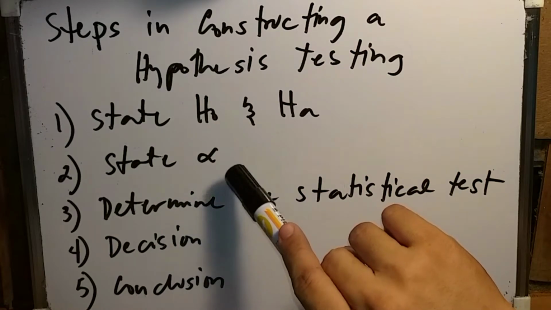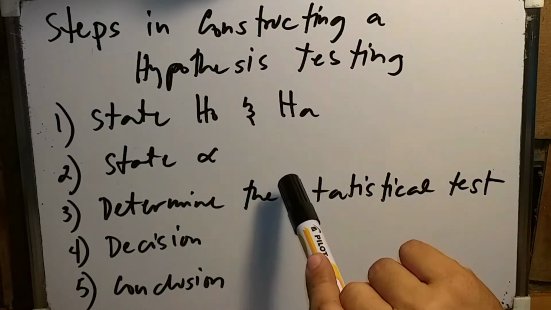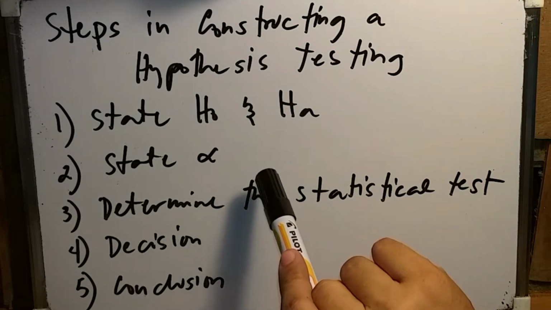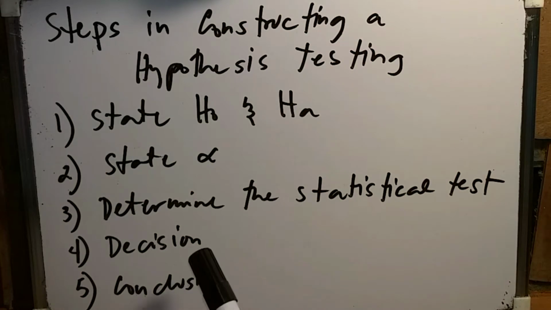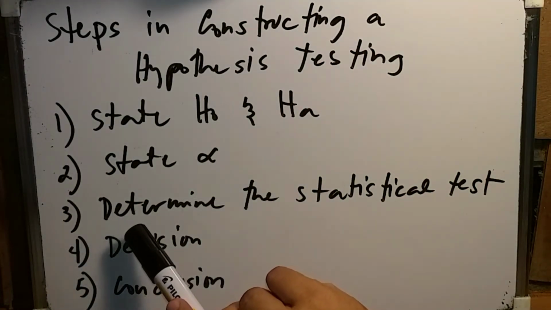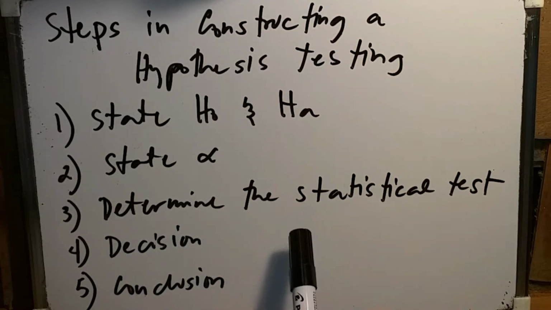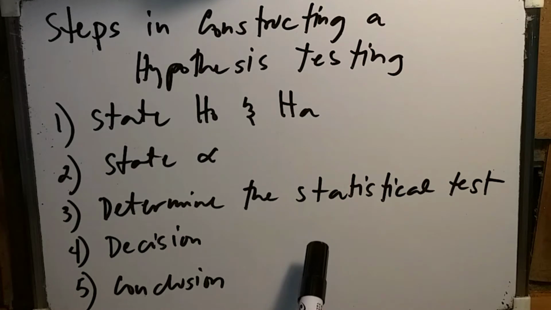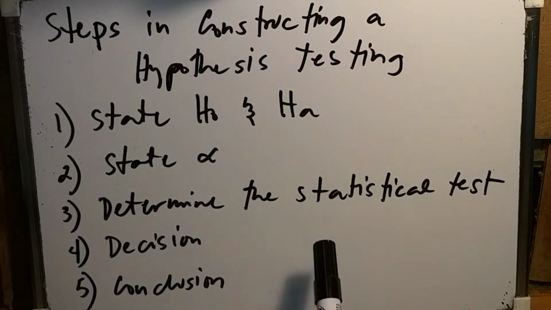Basically, the value of alpha is usually 0.05 or 0.01, depending on the problem given. For number 3, determine the statistical test. For the statistical test, there are some conditions that we need to consider for us to use different kinds of statistical tests.